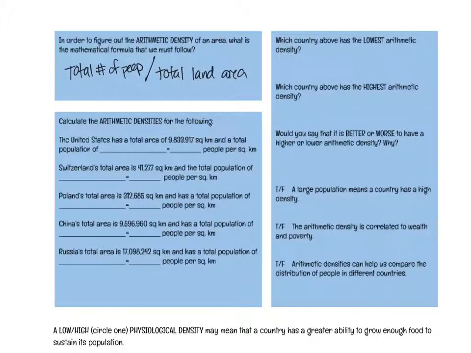So the way we're going to do this is you're going to use the link that I just posted on Classroom. It's under the class resource section, it's a material thing that I posted, but it's a link to CIA Factbook. So you're going to get on CIA Factbook and we're going to look up the numbers, okay? So for the first box, the one right underneath that where it says calculate the arithmetic density, it gives us the total area, like the total land area, but we have to find the total population, okay?